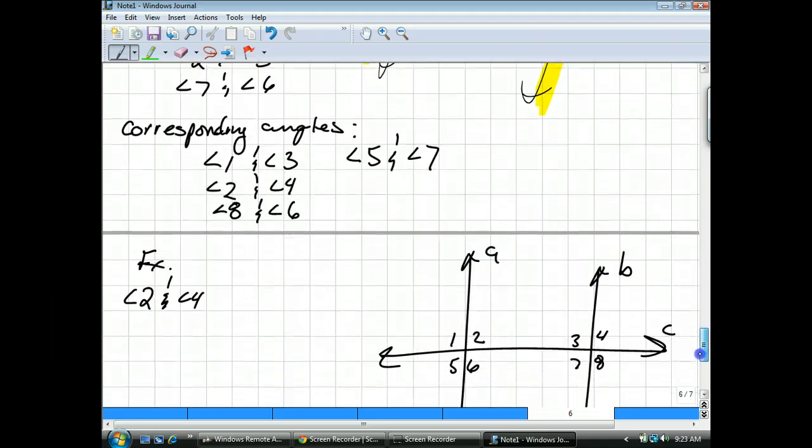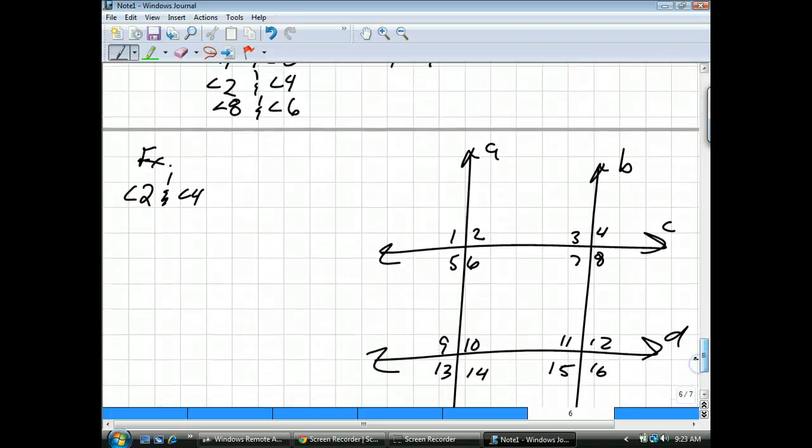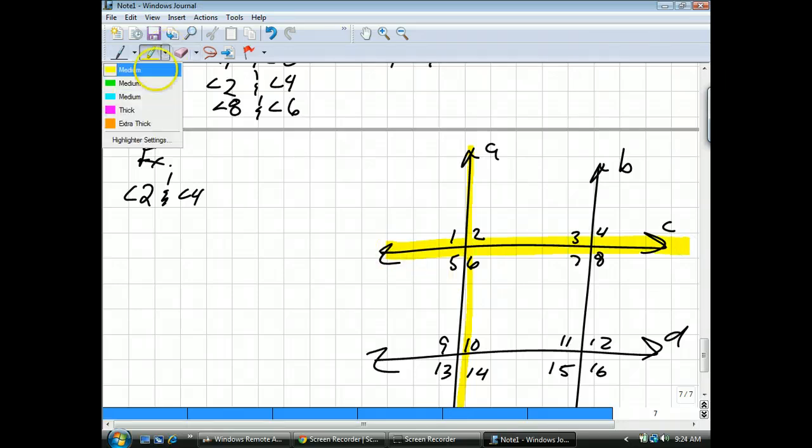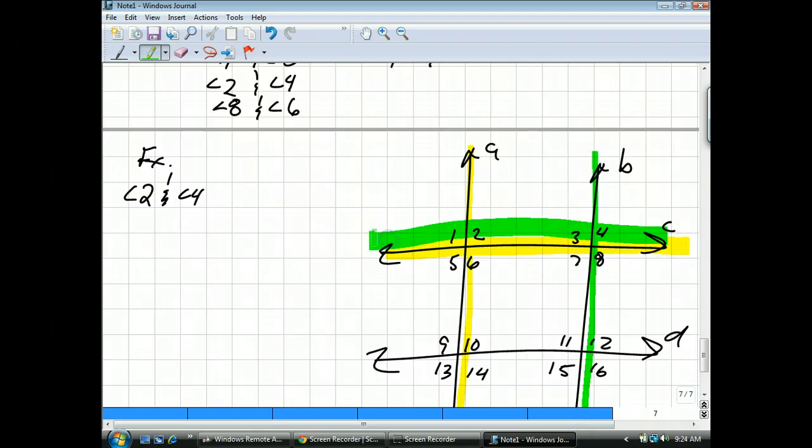All right, so back to our example. So angle 2 and angle 4. Okay, so angle 2 is formed by this line and this line. Angle 4 is formed by this line and that line.